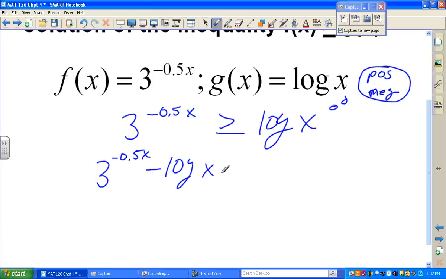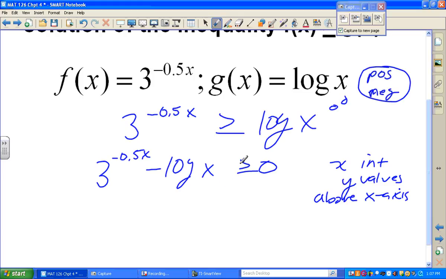If you got the calculators, then I would just use them. And I'm looking for everything that is going to equal 0. So I'm looking for all the x-intercepts. I'm also looking for all the y values above the x-axis, because it says, essentially, where is y positive and where does y equal 0.